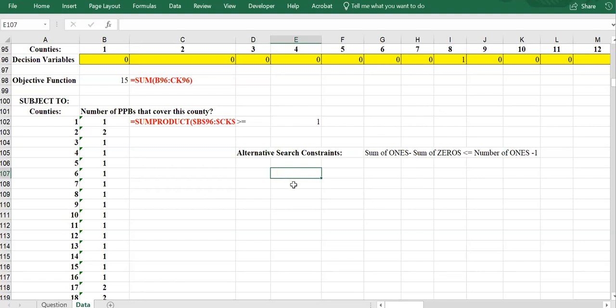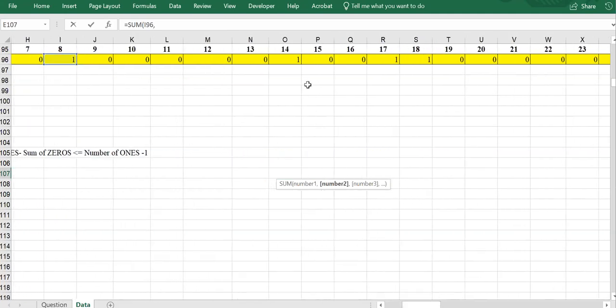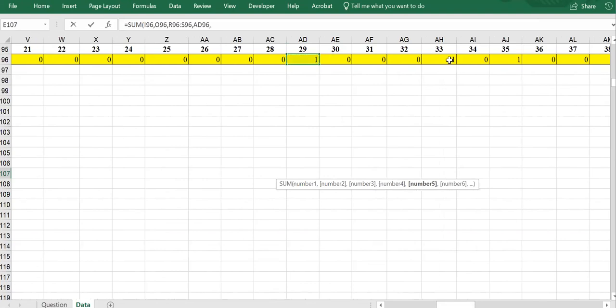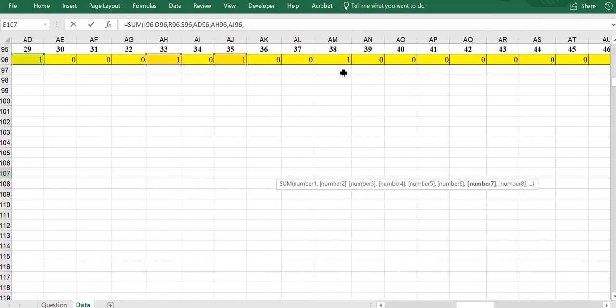The left-hand side is going to be the sum of all those variables that took the value one. Since we have 88 of them, it's going to be tricky and time consuming. You need to capture all the ones. It's going to be a little slow, but we will get there. After each one is picked, I'm adding a comma in order to separate them and fix them in my formula.